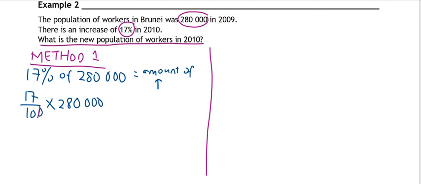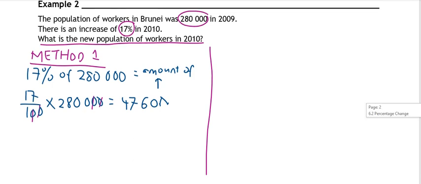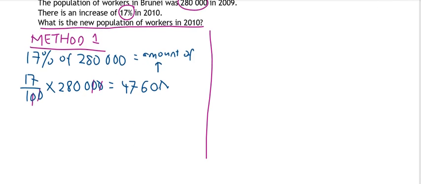You cancel the zeros altogether. You can use a calculator, and you will obtain 47,600. Now, what do you do with this 47,600? Now you use this value to add to the original population over here. This is the original value, by the way.